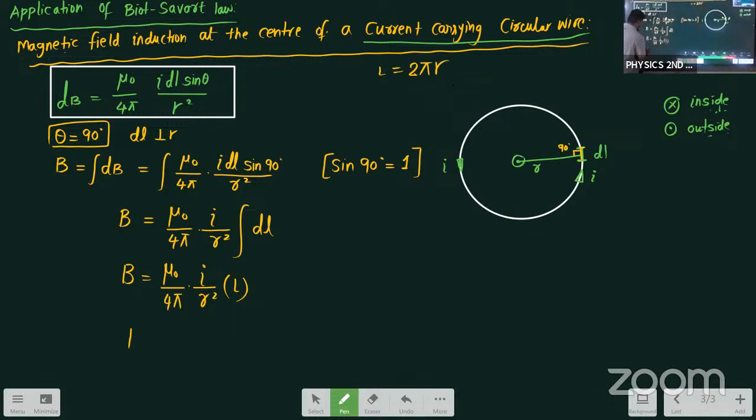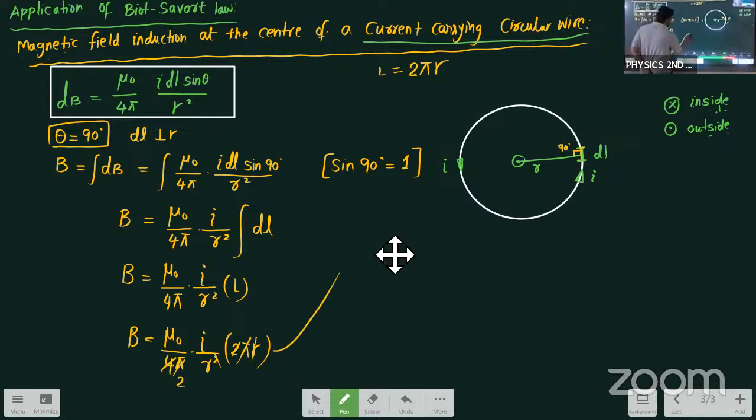So this will become B is equal to mu naught divided by 4 pi into I divided by r square. What is the circumference of the circle? It will be 2 pi r. So this will become 2 pi r. So from here pi gets cancelled, square and r get cancelled, 2 and 2 also.